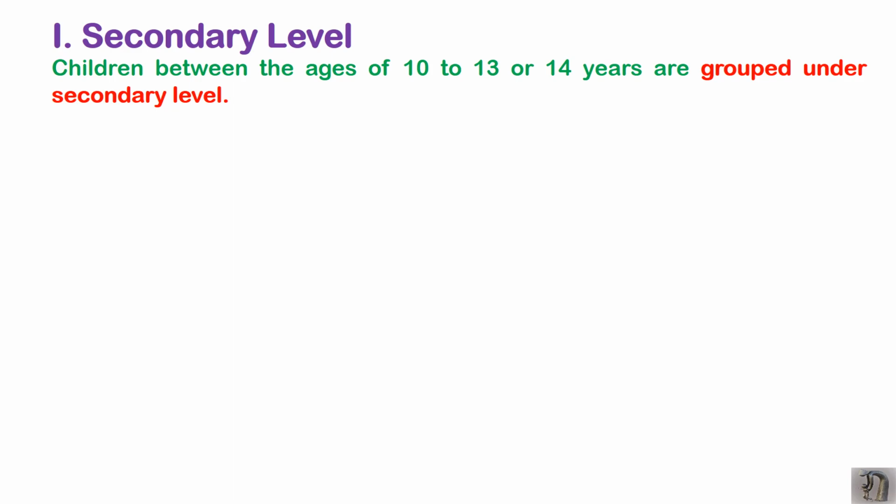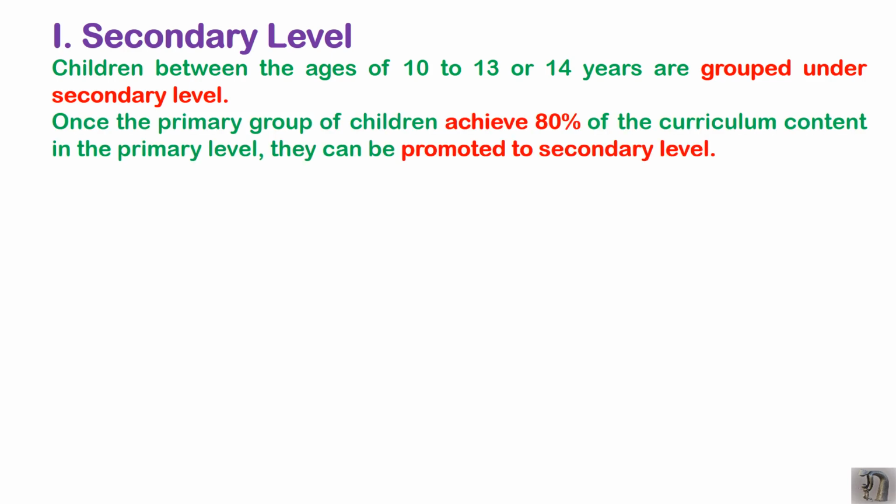So here, as you know, the children between the age range of 10 to 13 years, maximum 14 years, are grouped under secondary level. Okay, till 10 it is your primary 1 and primary 2. Once the group of children achieve 80% of the curriculum content in the primary level, they can be promoted to secondary level.